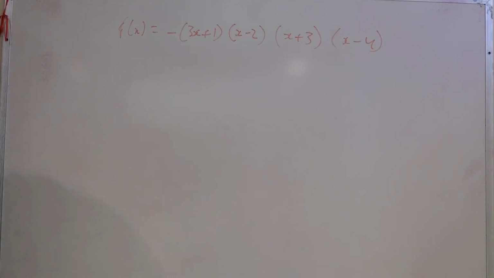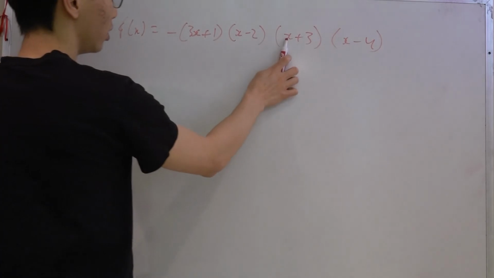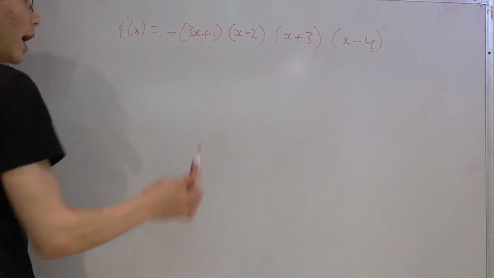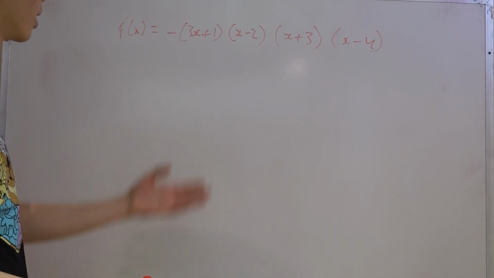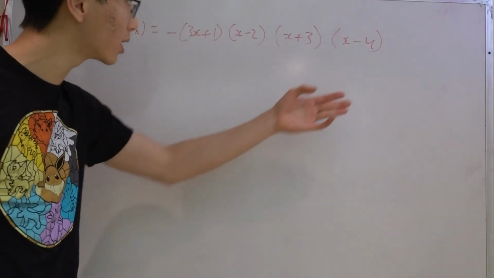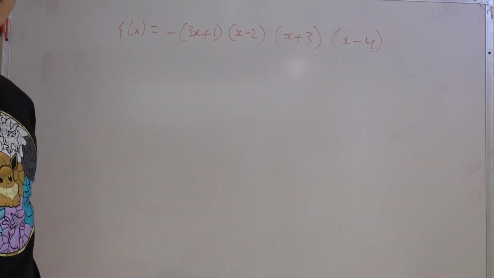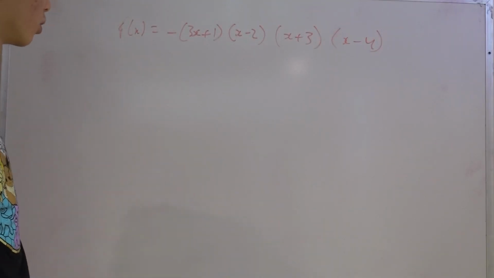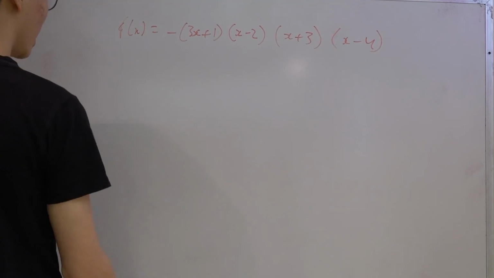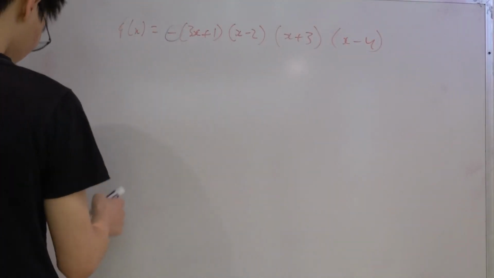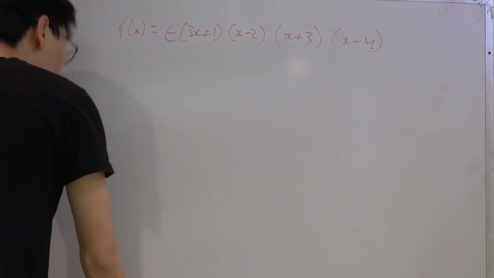It's degree 4, because when I multiply these 4 terms together, that gives me the maximal power on x, which is 4. Right? 3x times x times x times x is just 3x to the 4. So it's going to be a degree 4 polynomial. The other thing I want you to notice is I did put a negative sign out here.